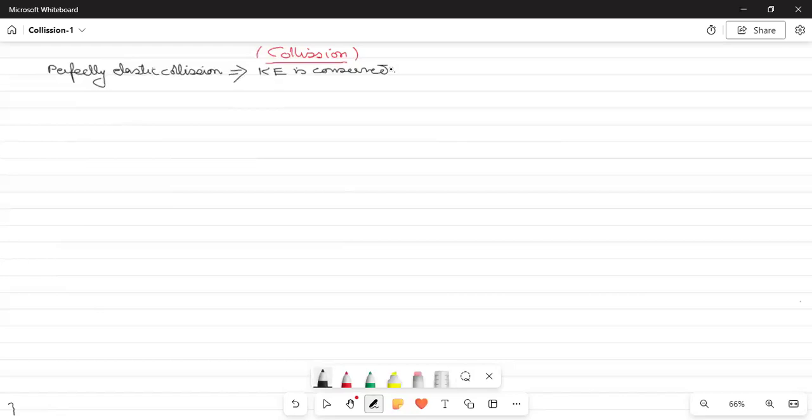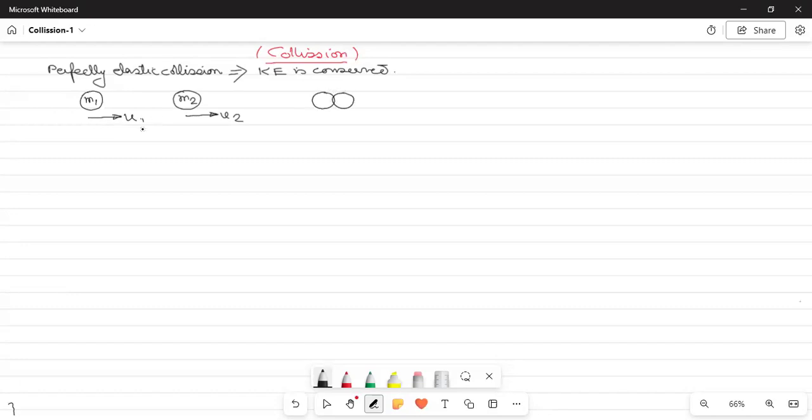With this, we start perfectly elastic collision. Let us take a body M1 and another body M2. We do not know their relative masses, which is bigger or smaller. M2 is traveling with a speed of u2 and M1 is moving with a speed of u1. At some point, they collide.